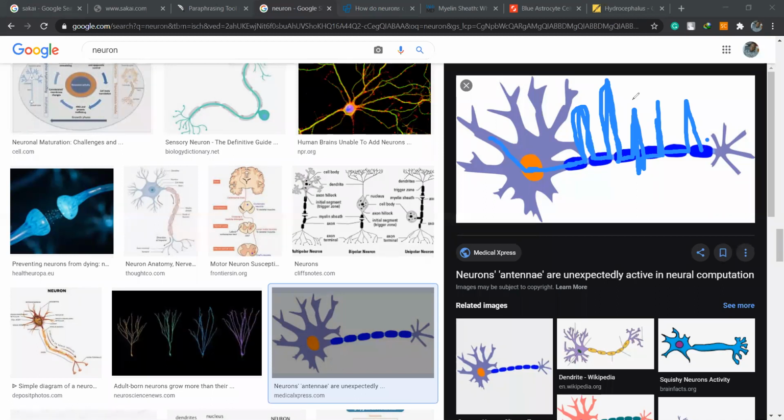So information jumping from, or action potential moving from one node of Ranvier to the other is sometimes referred to as saltatory conduction. That's what the system is all about. So per my explanation, I want someone to explain what saltatory conduction is all about.